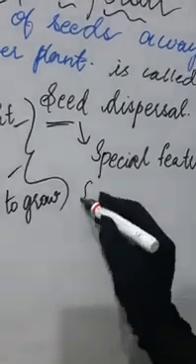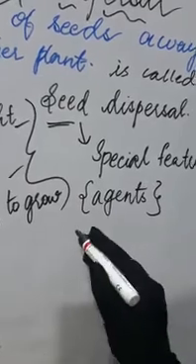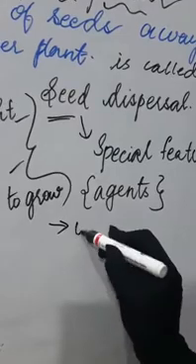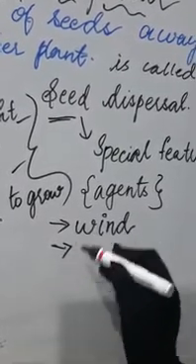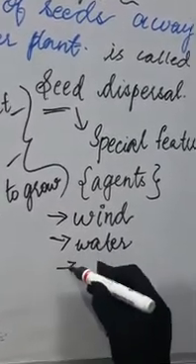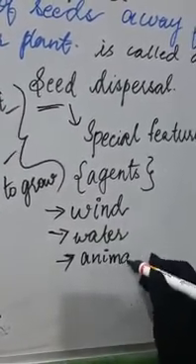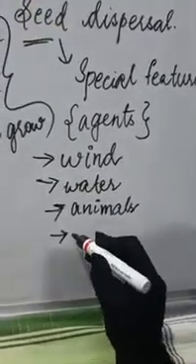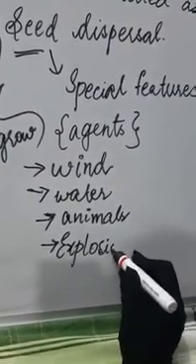So they'll have agents, okay? What are those agents through which the seeds will be carried away? Let's see what those are. The first one is the wind: dispersal by wind, dispersal by water, then by animals, dispersal by human beings, and dispersal by explosion.